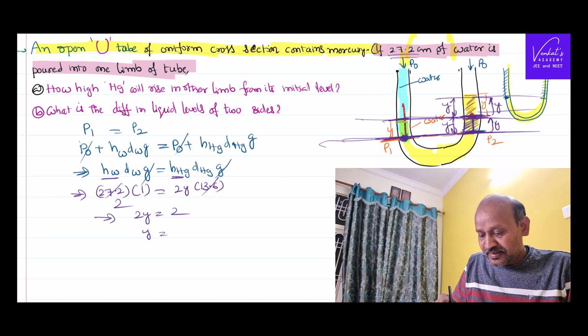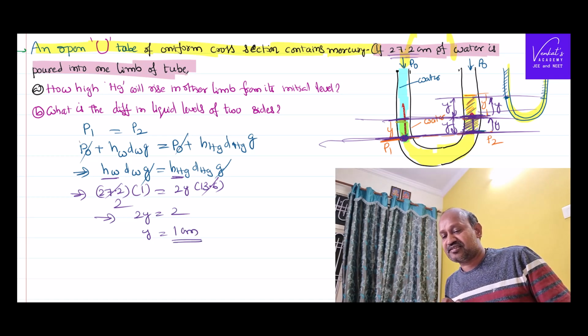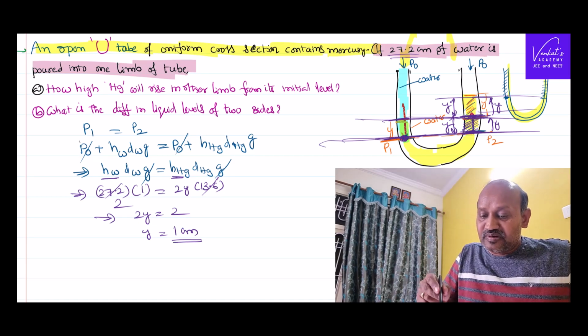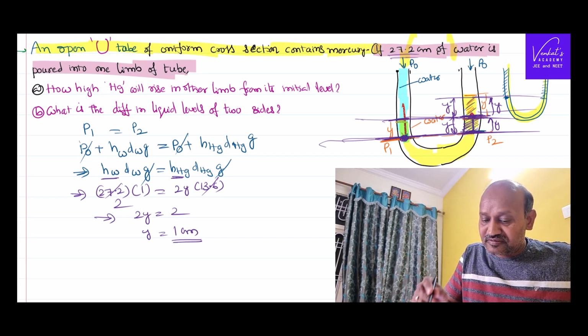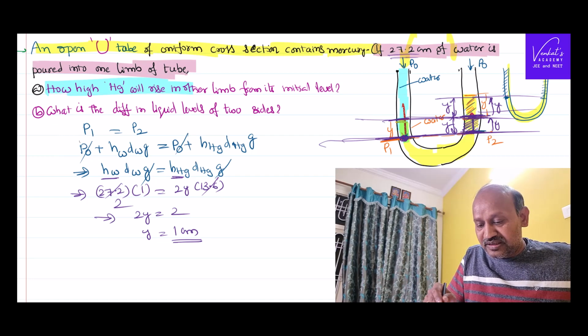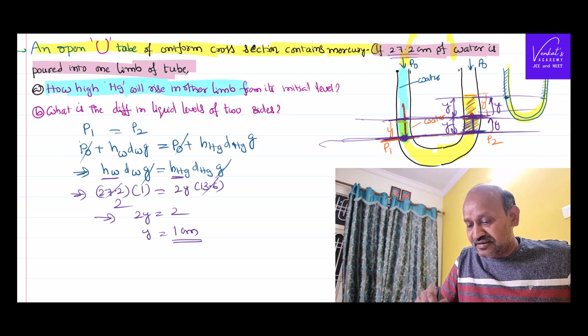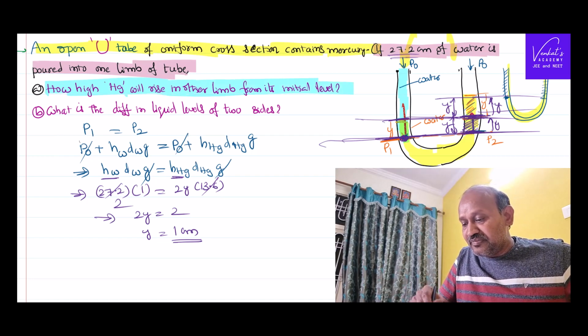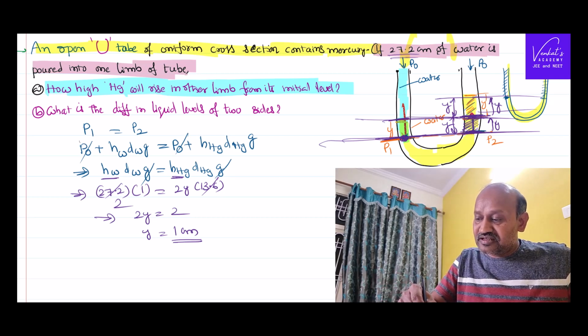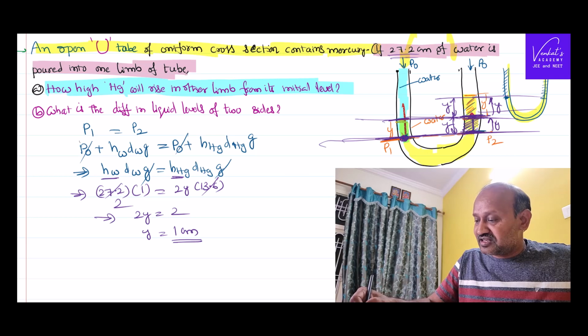That implies y is equal to 1 centimeter, because I have solved it in the CGS system. If you look at the question a little carefully, how high will mercury rise in the other limb from its initial level? So where is its initial level? This is its initial level. As I said, initially it was here.